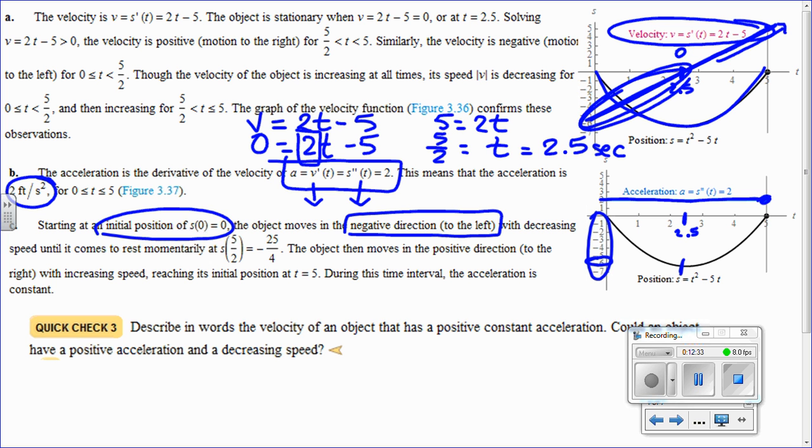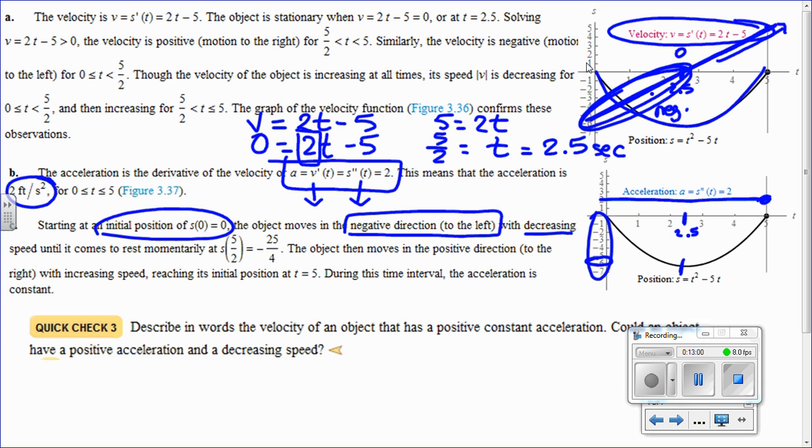So right here, it is decreasing because the derivative is negative. Because the derivative is approaching 0. So it's technically becoming positive, but we're looking at the magnitude.